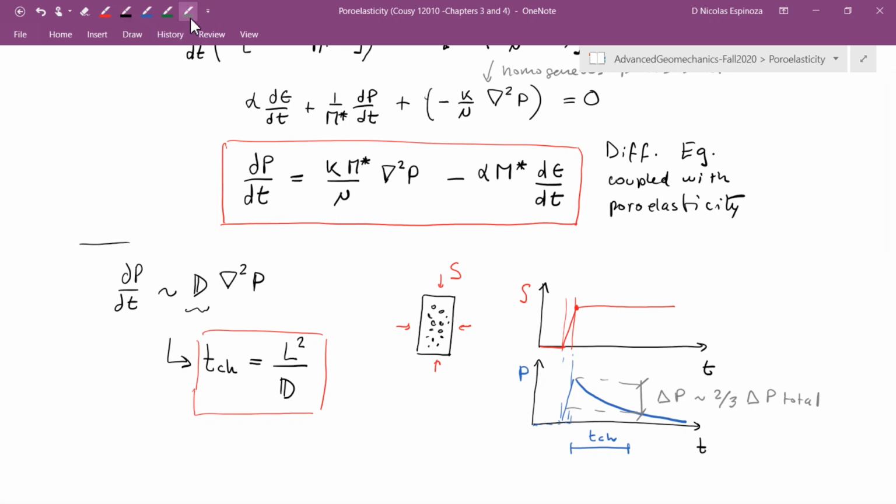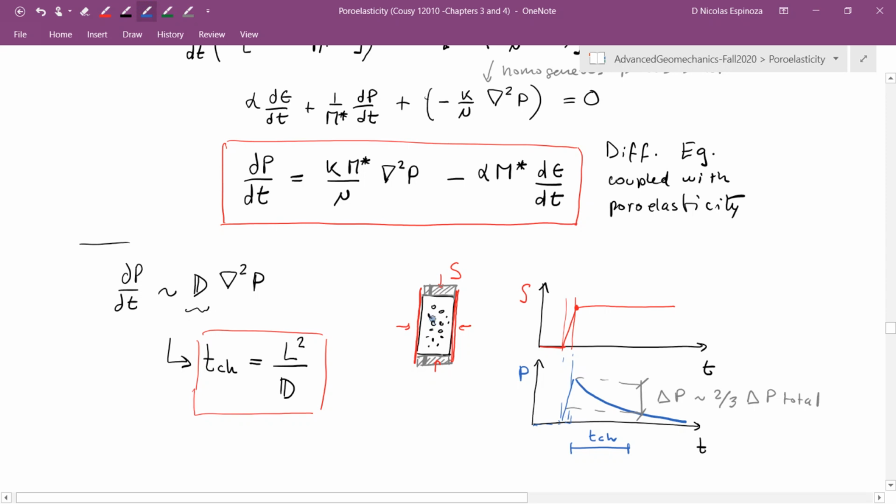Let's imagine that we are loading this in the laboratory, and as we usually do, we load this with end caps on the top and the bottom, and if the fluid can escape, let's say that we have here our sleeve or our membrane that doesn't let the confining fluid interact with the pore fluid, then the only chance for the fluid to escape is through ports that I have in my end caps.